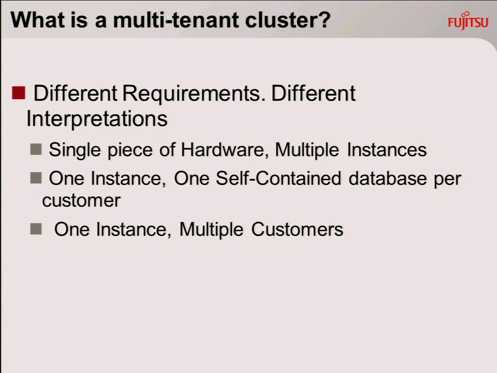Then there is the extremely niche requirement, which is one instance, multiple customers. It's something like database.com, for example. It's one gigantic instance with one database, as far as you can view, with several tables spread across multiple customers and multiple users, all technically in the same database, using Row Level Security, Row Level Visibility and all those things.